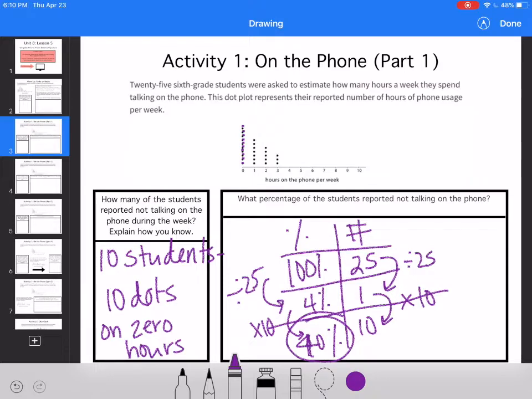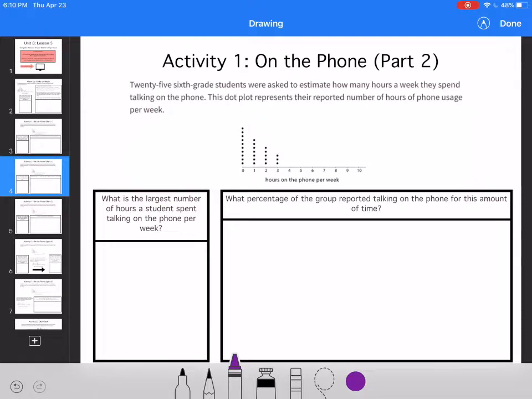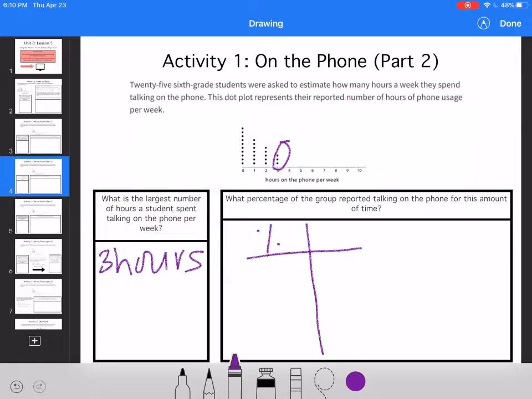I would not guess that's true at Havelock Middle. So the next question says, what is the largest number of hours a student spent talking on the phone per week? So that would be 3 hours. Then it says, what percentage of the group reported talking on the phone for this amount of time? So again, I use my table. I have percent and I have numbers.